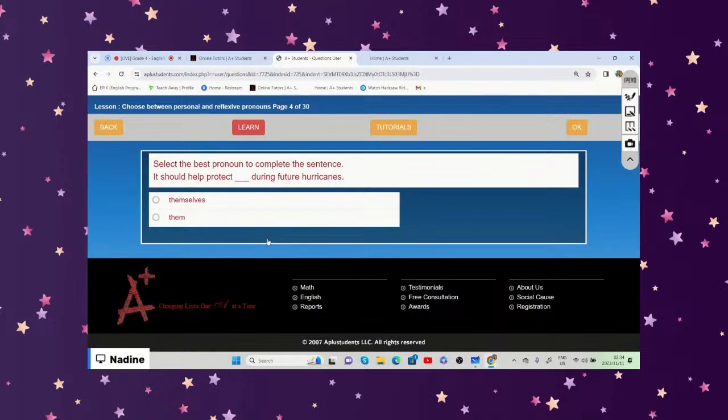We need to select the best pronoun to complete the sentence.